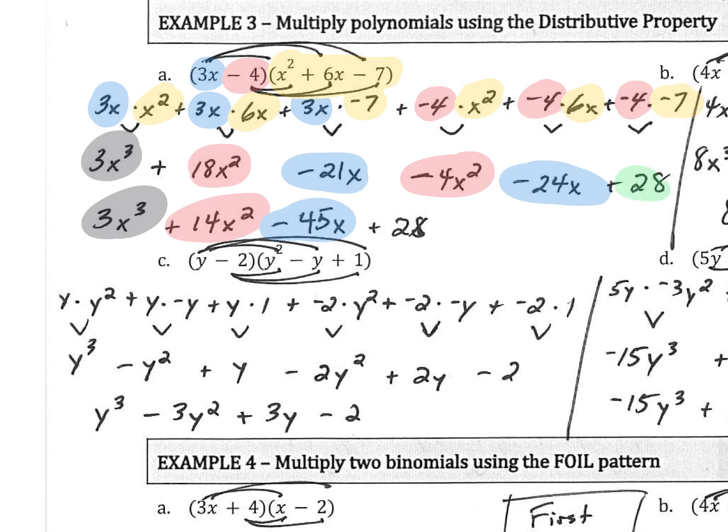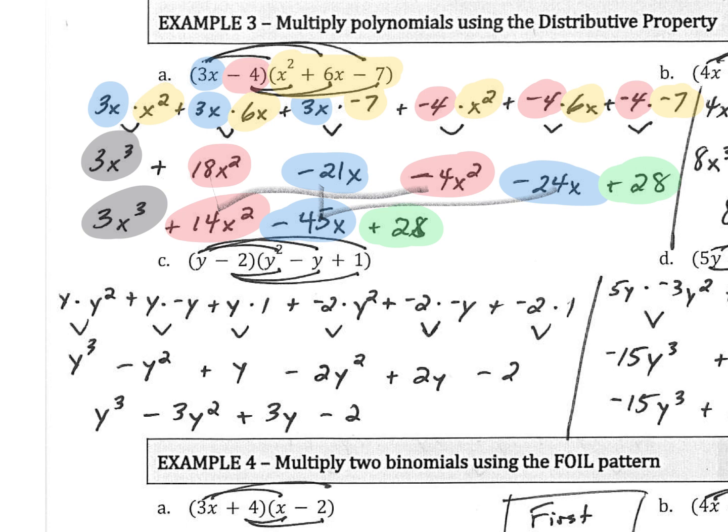And last, we have this positive 28 at the end. We don't have anything to combine it with, so we're going to bring it with as part of our answer. So the red terms and the blue terms on that last step are what we combined. To help you see that, let's just draw a line connecting them. Red terms and the blue terms.